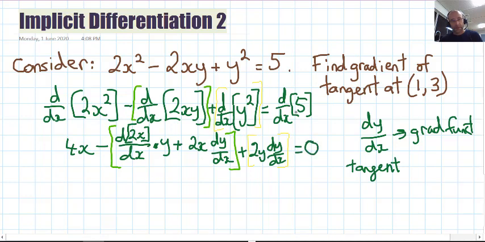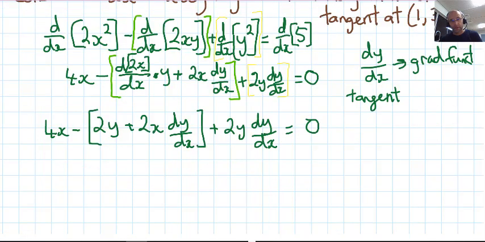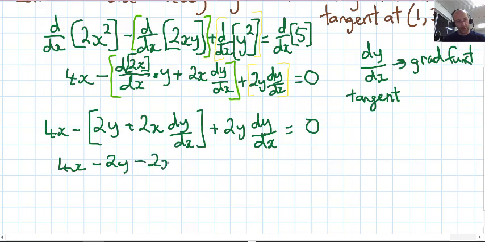Now we fix all that up like so, and notice the grouping of the middle term together in square brackets, because all of it's being subtracted from 4x. So we have 4x take away 2y take away 2x dy/dx plus 2y dy/dx equals 0.